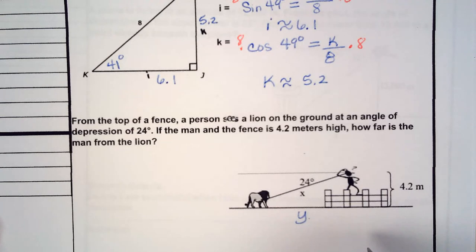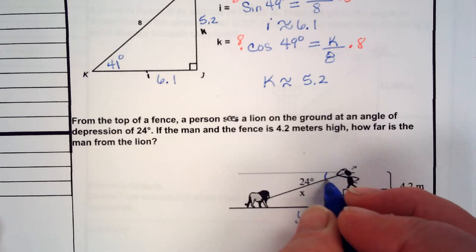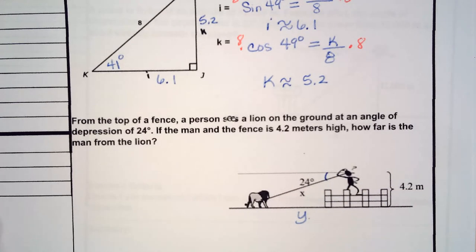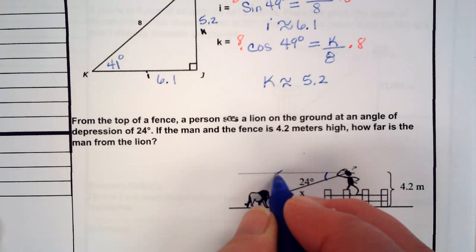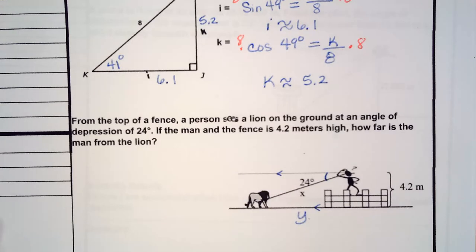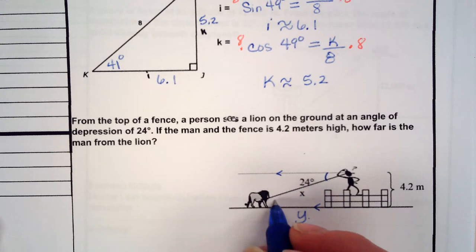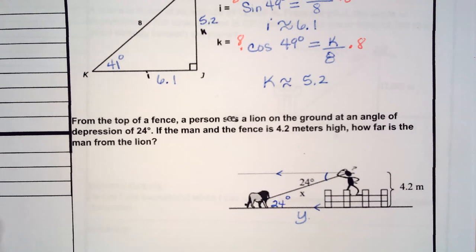Okay, so what do we know? This is my angle of depression. I also know that these two lines will be parallel. If this is 24, this angle too has got to be 24 degrees.